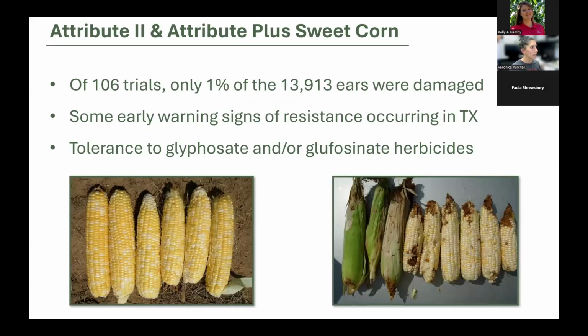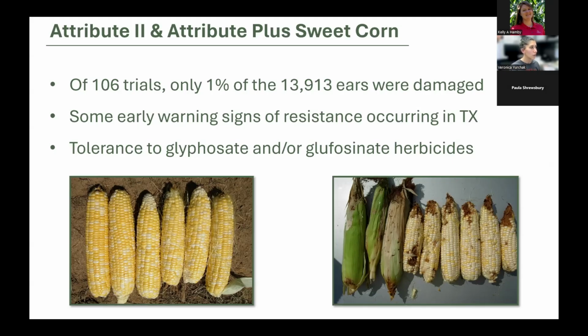When it comes to corn earworm, of the 106 trials that we've done across a monitoring network, only 1% of almost 14,000 ears showed any damage. So the VIP protein from the start works a lot better for controlling corn earworm than any of the Cry proteins did, even when they were first introduced.